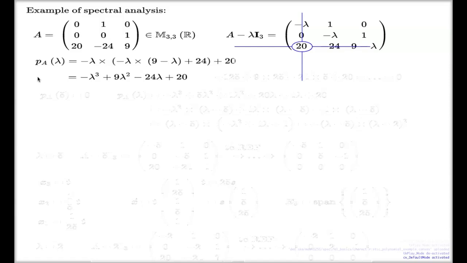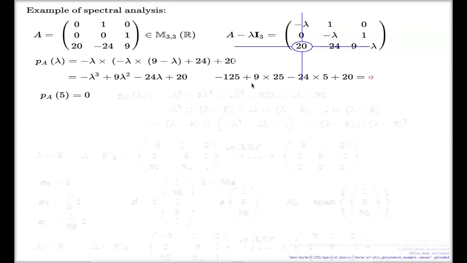From the slide before, we recovered that one of the eigenvalues is 5, right? So I can hope that 5 will be a solution to this polynomial. Let's double check. If I plug in 5, it will be negative 125 plus 9 times 25, take 24 times 5 plus 20. Let's check if it is 0.